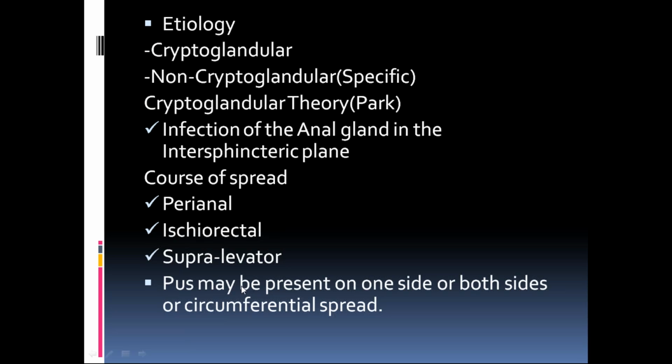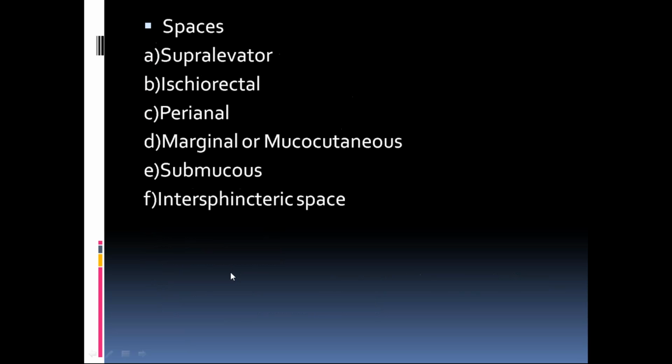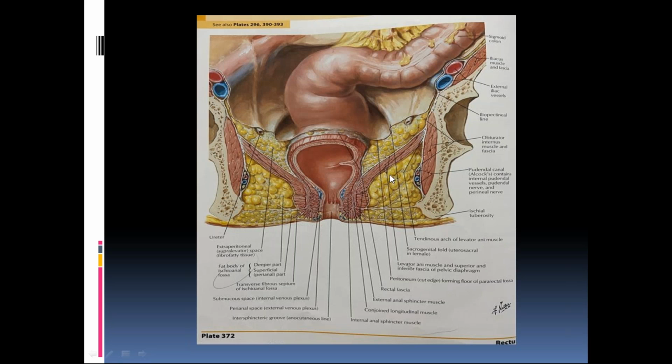Next, the pus may not be present on one side only. It can go circumferentially, or it may be present at one side, or it may go along the anococcygeal ligament, posterior to the anal canal, and reach the contralateral side also.